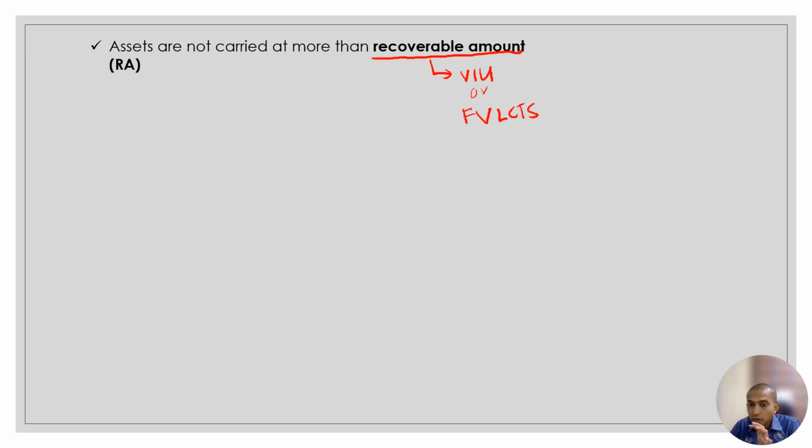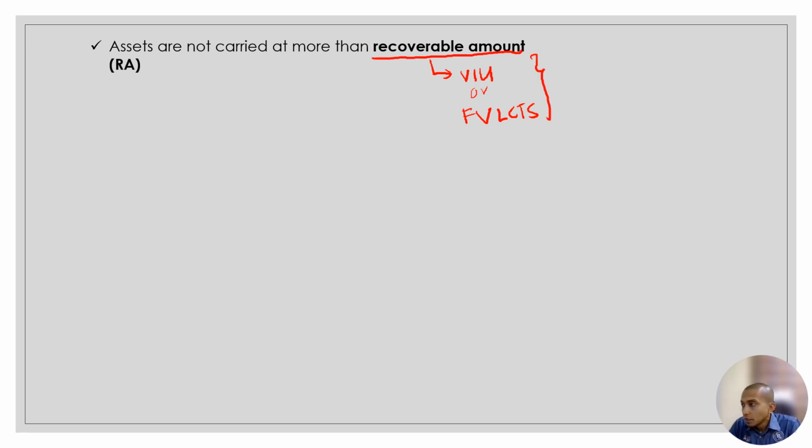So for recoverable amount, the cost of the asset can be recovered either by continuing to use the asset or selling the asset. If you are the owner of the asset, which one are you going to choose? You're going to choose the higher, am I right?